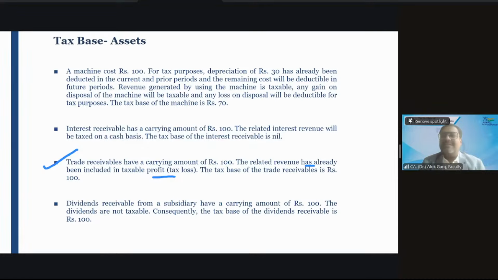Because the tax officer will say that I don't need this provision. I don't know what you have done on accrual basis. No. When your money has actually gone bad, when your money actually sinks, then I will give the benefit. Today I am not giving you any benefit. So your carrying amount is 80, tax base is 100.